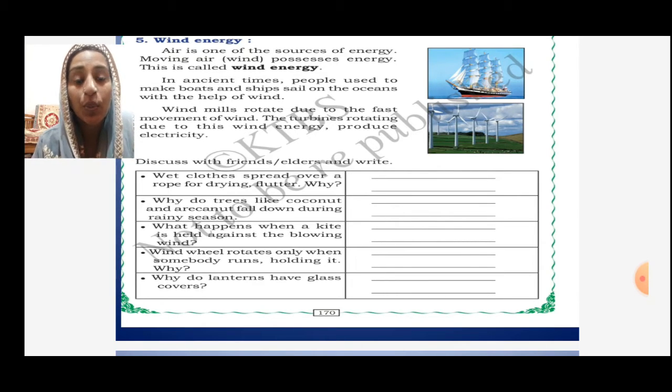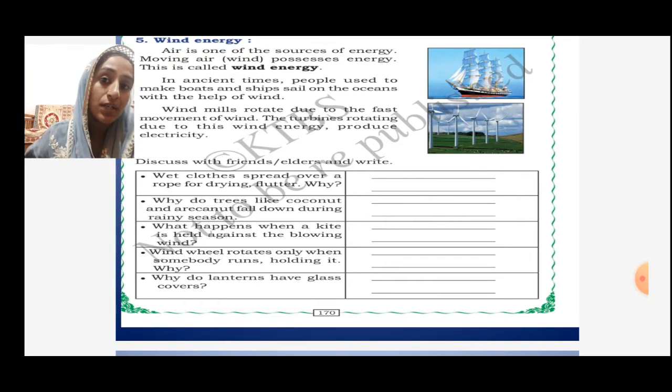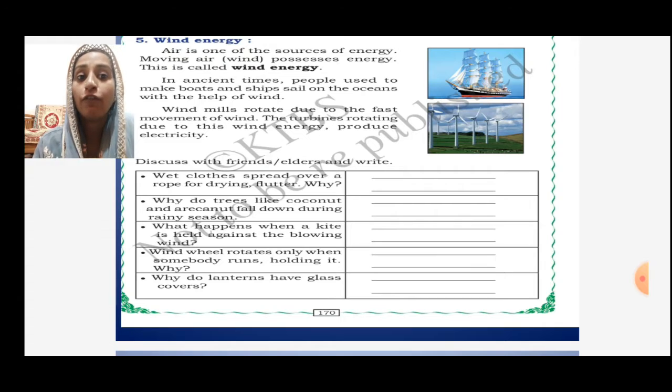What they used to do? They used to put some cloth on a higher area of the boat, and seeing the direction in which the wind blows, they used to travel. They used to sail with the help of wind. Windmills rotate due to the fast movement of wind.